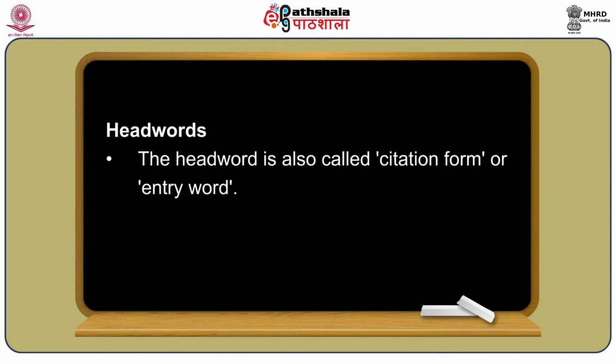Headwords. A headword is also called the citation form or entry word. What is a headword and how is it fixed for a dictionary? Some of the basic characteristics of a lexicographic word, which are coterminous with headwords, have been discussed earlier. The form and meaning are the main criteria for the selection of a headword.